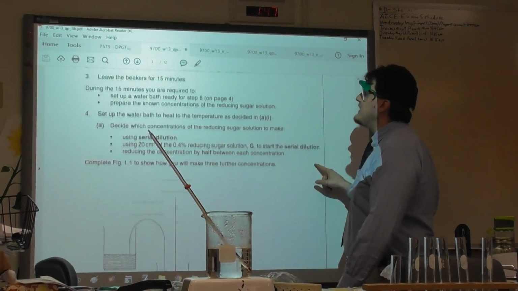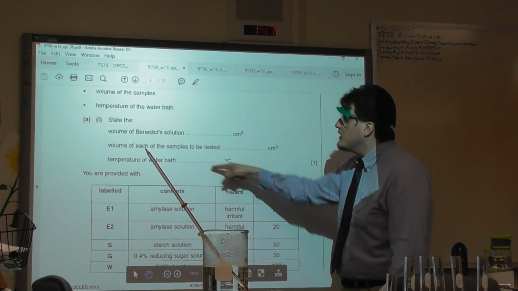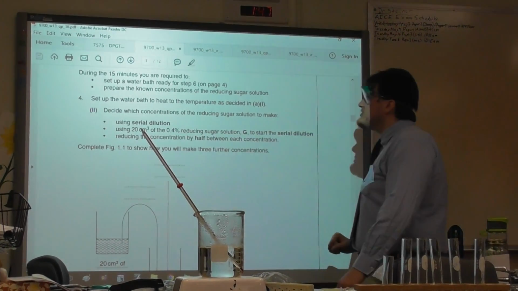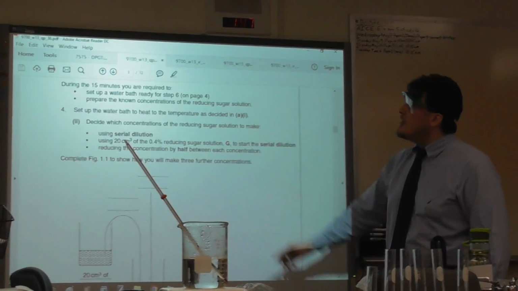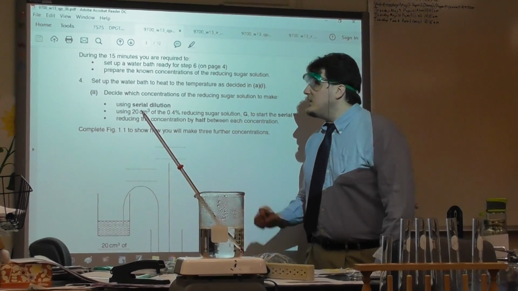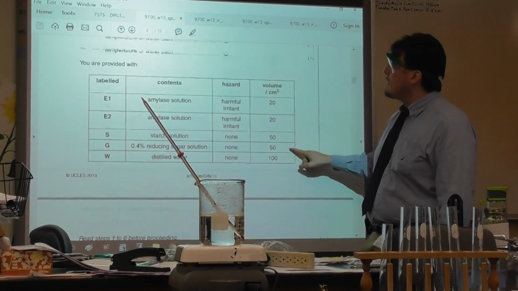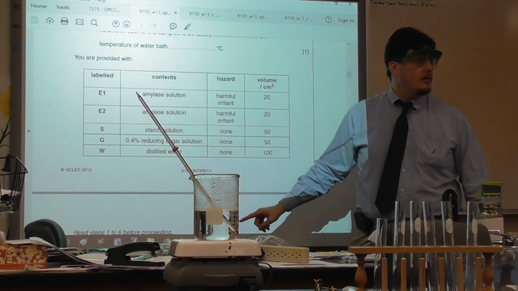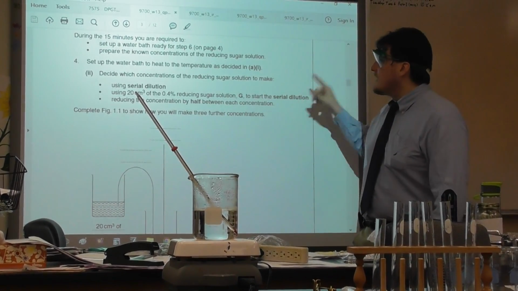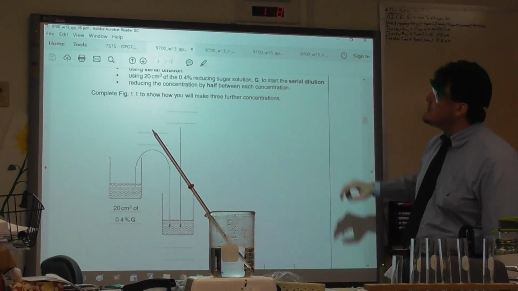Set up the water bath to heat the temperature as decided in A1. A1 was over here. I'm going to do these things. So decide which concentrations of reducing sugars to make using serial dilution. Using 20 cubic centimeters of the 0.4% reducing sugar solution, G, which was listed here, I'm going to start a serial dilution, reducing the concentration by half between each concentration.